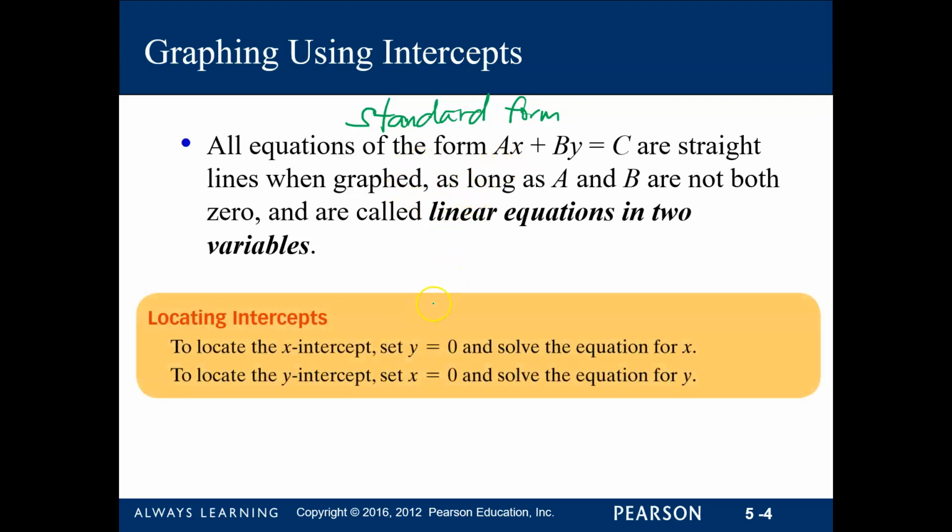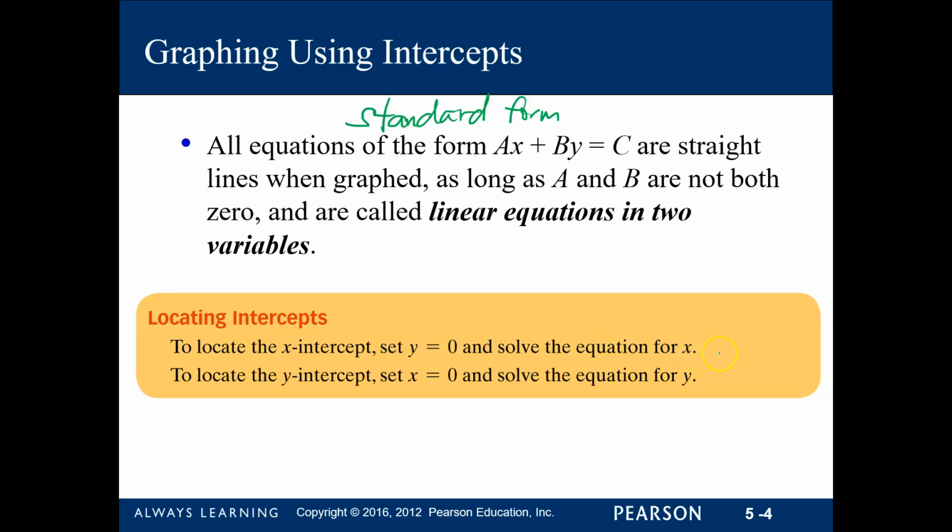Now, when you are graphing a line that is written in standard form, the easiest way to do that is to use the intercepts. When we talk about intercepts, we use the value of 0 for one of the variables, and then we solve for the other variable. For example, if we're looking for the x-intercept, we put y as 0 and solve for the value of x.